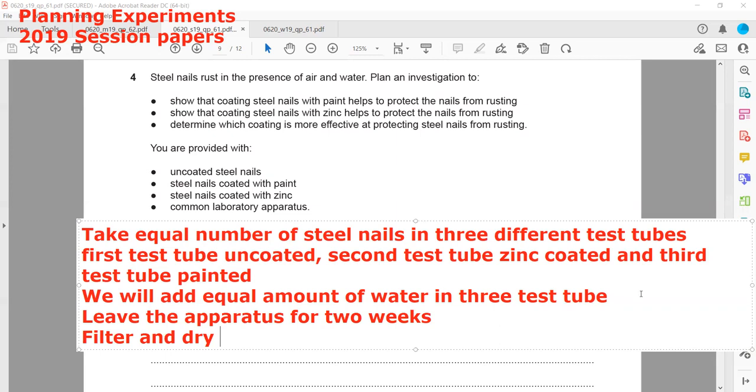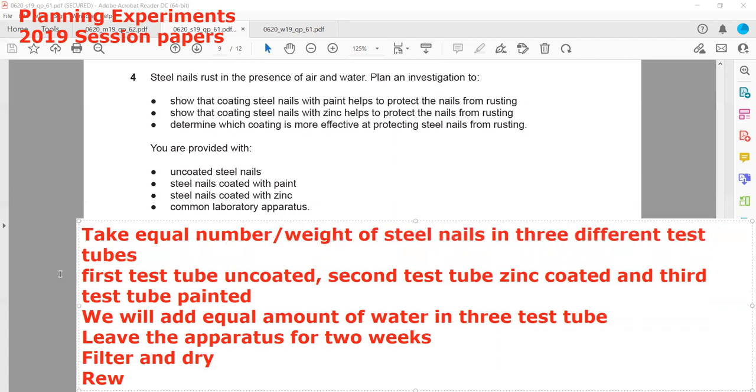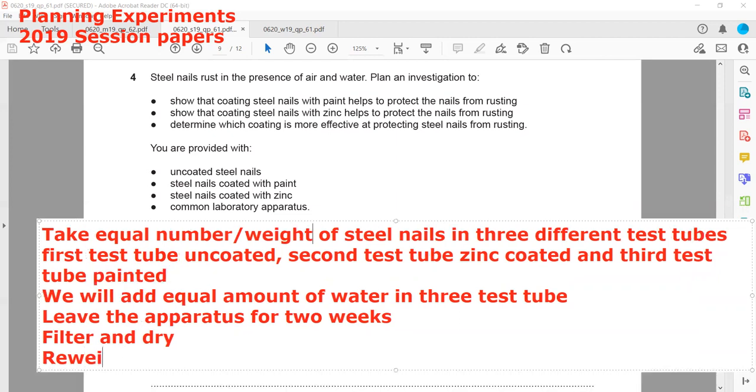So filter, dry and reweigh again. Here you can mention in the first part to take equal weight. Then we will reweigh and compare the mass.